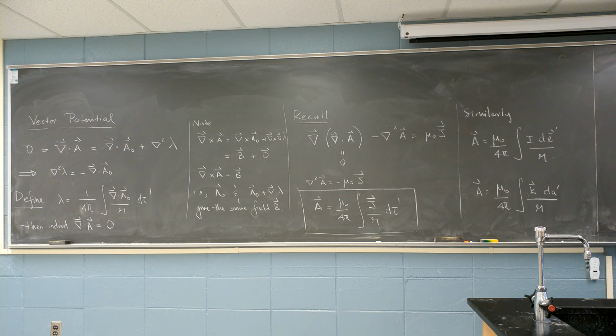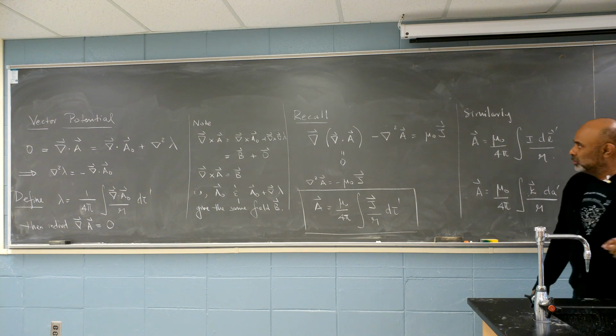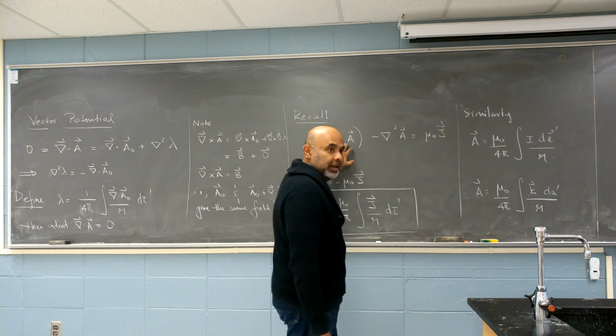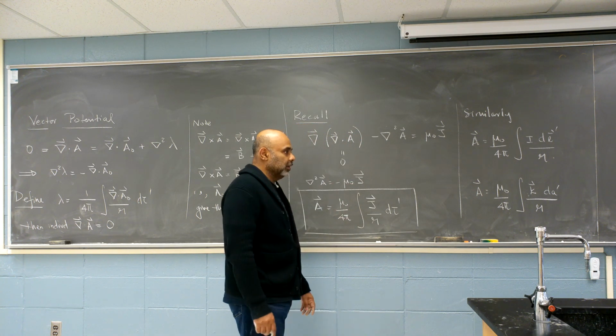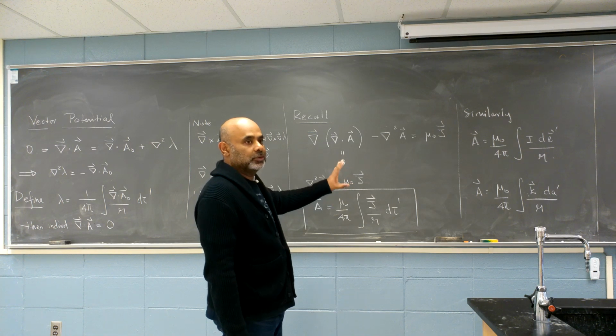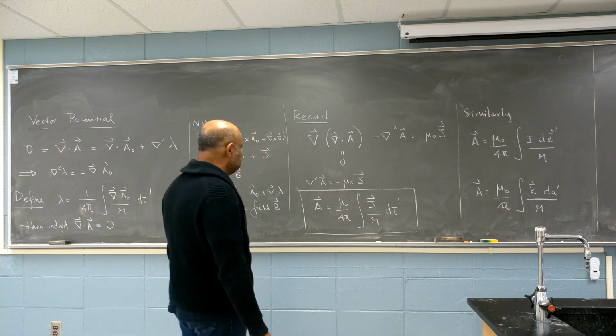Eventually this will be known. This will be part of a condition called the Lorenz gauge. Sorry, Coulomb gauge, Coulomb gauge. That's the choice of divergence of A equal to 0. But there might be another condition on the electrostatic potential. That's why he hasn't mentioned it.